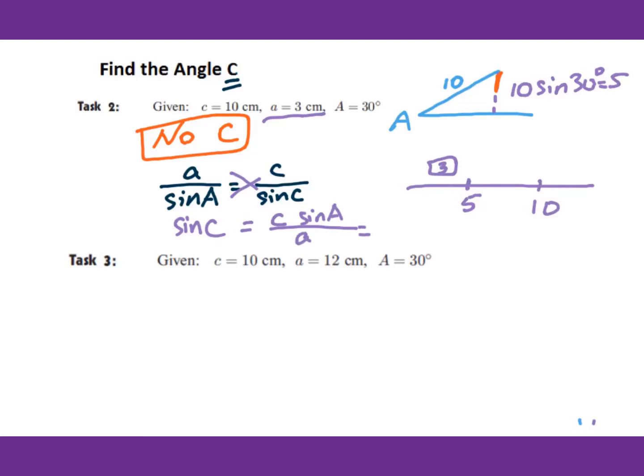Then we plug in. You will get 10 times sine 30 over 3. 5 over 3 greater than 1 means no solution for c.